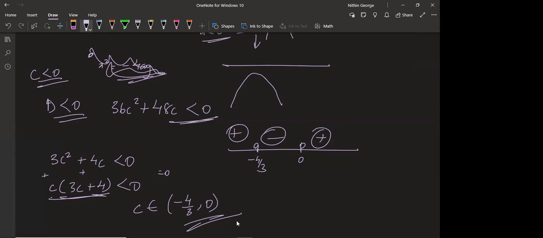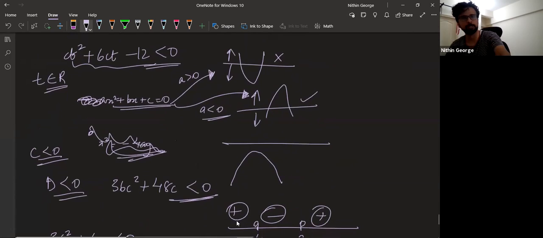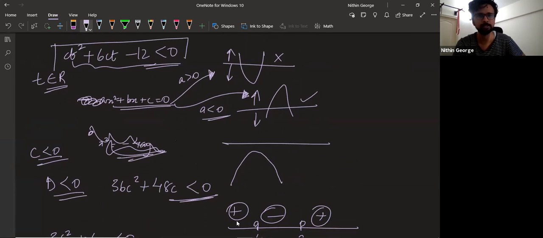When we say D is less than 0, we are taking 36c square plus 48c. Why are we taking particularly 36c square and 48c? Where did this come from? That is from this equation. This is the quadratic which is less than 0, of the form ax square plus bx plus c. b square is 6c square minus 4 into a into c.